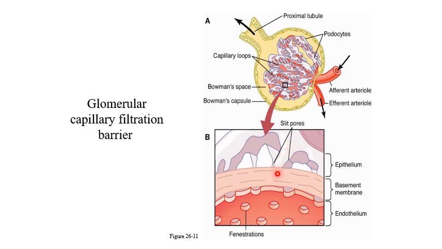At the same time, they will prevent large or medium-sized proteins from passing through the filtration membrane, as well as the basement membrane. It will prevent negatively charged proteins from being filtered. And the endothelium has fenestrations, which also have a certain size that helps a certain size of substances to pass through these cells.